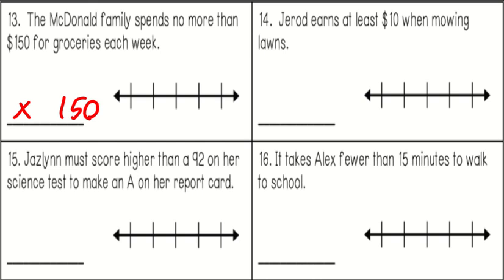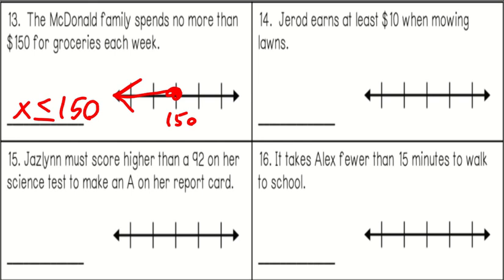Could they spend 150 exactly? Would that fit no more? Yeah. So it could be equal. Could they spend more than or less than? Less than. No more means less than or equal to, okay? So we'd have filled in circle at 150, arrow to the left. Everybody see how that works?